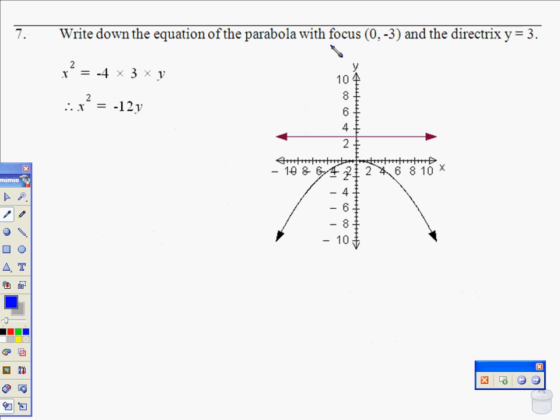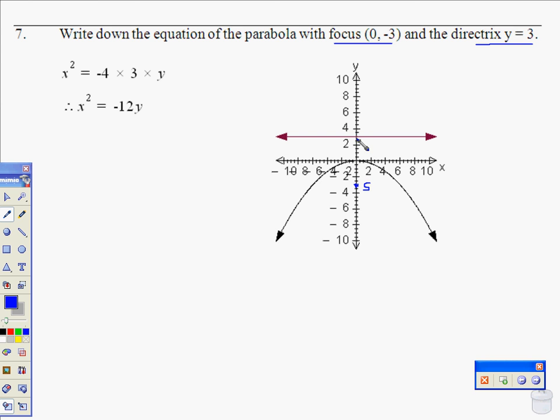In this problem, we're told the parabola has a focus at (0, -3) and directrix at y is equal to 3. If we draw that up, we can see that we've got a focus down here at (0, -3), which means the y-axis must be the axis of the parabola, because the focus lies on the axis of the parabola.